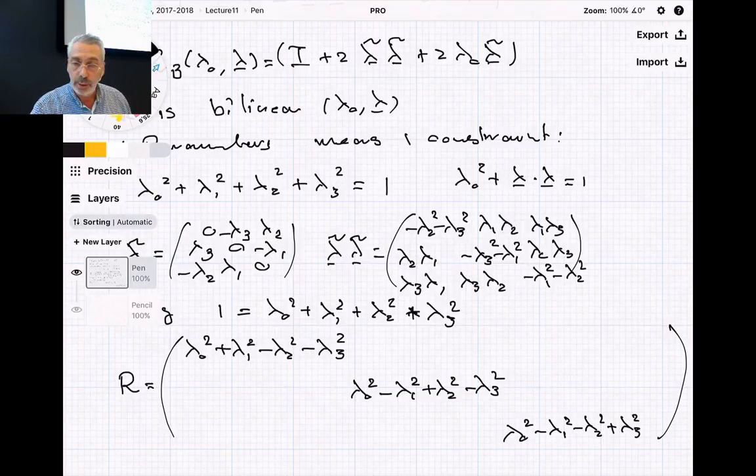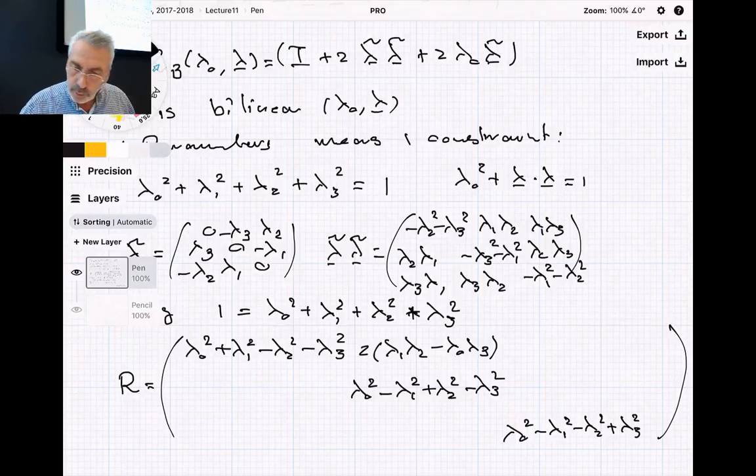So just add these plus lambda 0 times this, and then put a 2 in front of them, and we're there. So let's take this one 2 times. First we take this term, so we have lambda 1 lambda 2, and then we take this guy, we get minus lambda 1 lambda 3. Let's take this entry, so we get 2 times, well, we first take this guy, so that's lambda 1 lambda 3, and then we take lambda 0 times this guy, plus lambda 0 lambda 2.